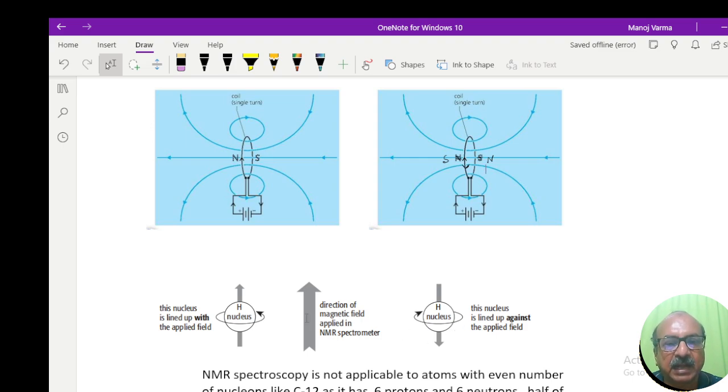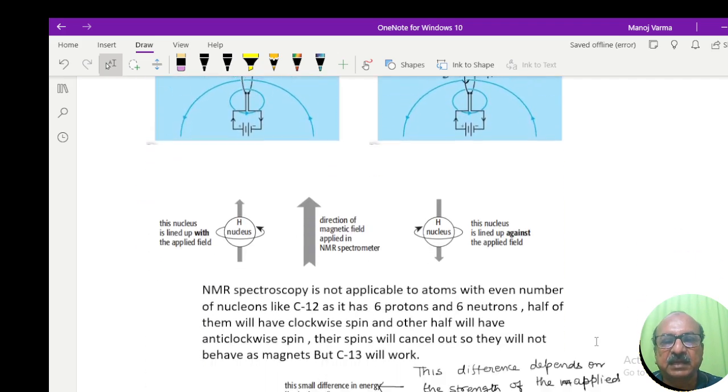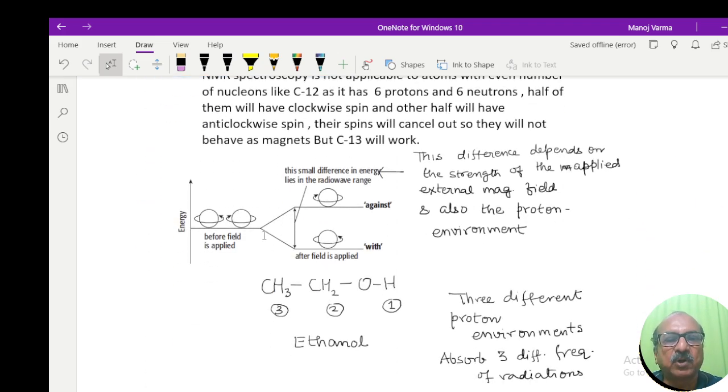But when an external magnetic field is applied, the magnetic field of one proton may be aligned in the direction of the applied magnetic field, and the magnetic field of the other proton, because it is spinning in the opposite direction, may have its magnetic field aligned against the applied field, and that creates an energy difference between the two protons. That's the important thing happening: these two protons now have different energy levels.